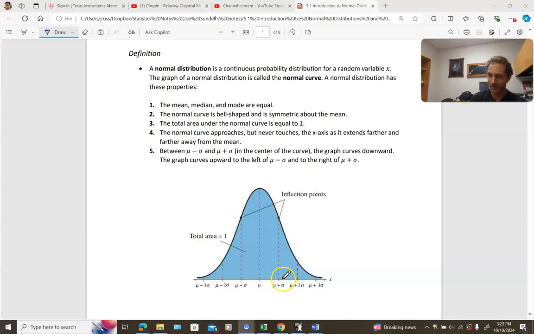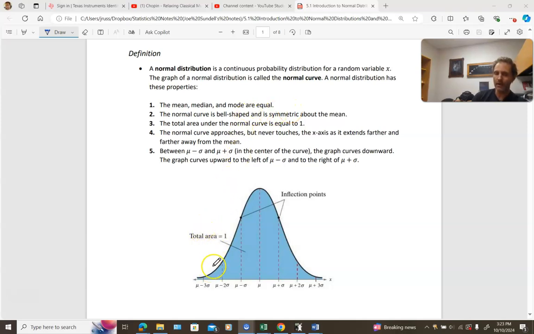So we see this sigma again, okay? This point right here would represent a value that's one standard deviation above the mean. This would represent a value that's two standard deviations above the mean, etc. And then on the other side, these would be values 1, 2, and 3 standard deviations below the mean, respectively. It is bell-shaped and it's symmetric.